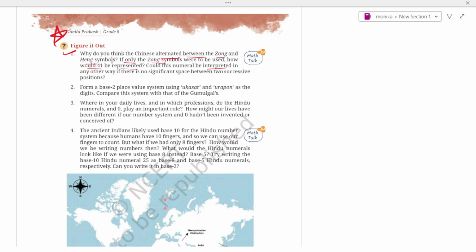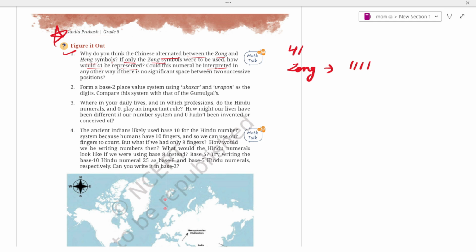Okay. So the reason behind this seems to be that they wanted to avoid misinterpretation while reading the numbers. If we want to represent 41 in the Zong symbols, it would look like this.